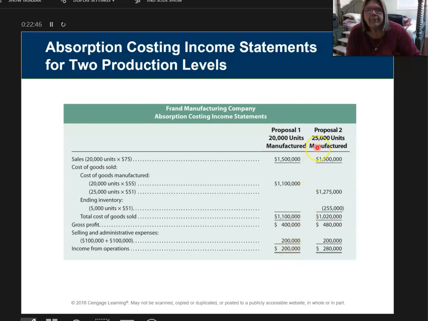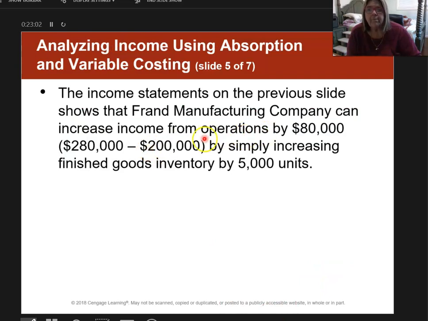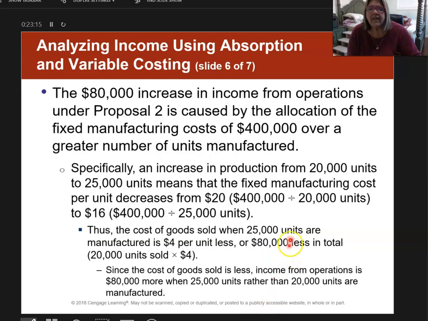However, if I propose that I'm going to actually make 25,000 but I'm only selling the 20,000, here's what happens. My income from operations has increased by $80,000, but I also have 5,000 units left over in stock for future sales. The reason for that $80,000 increase is the fixed manufacturing cost. Now remember, we were doing absorption costing on that.